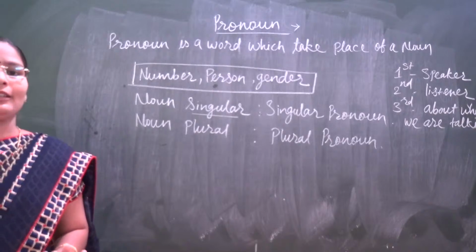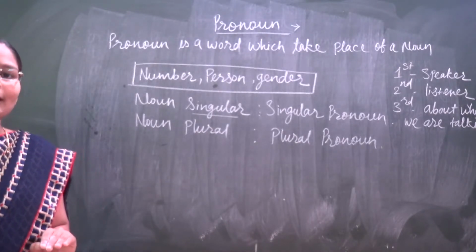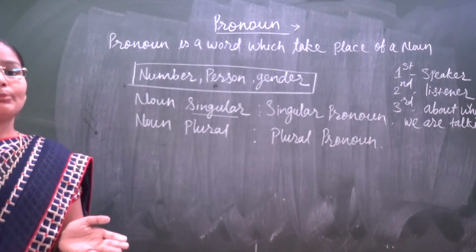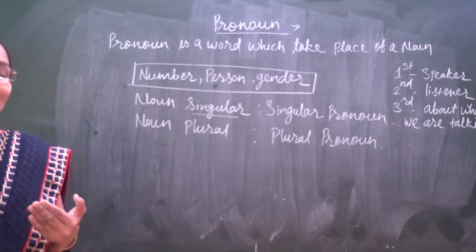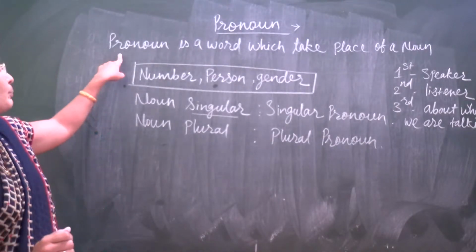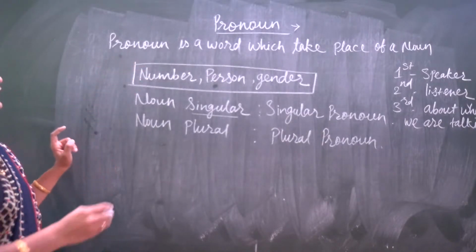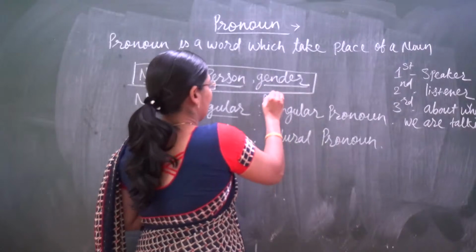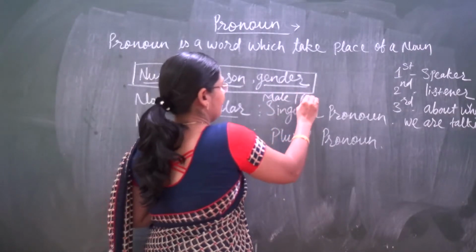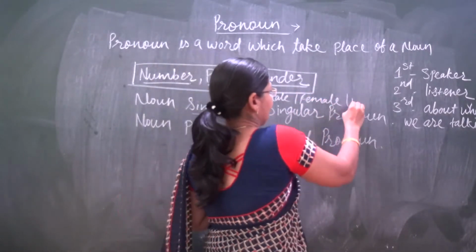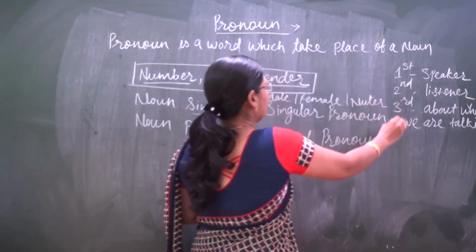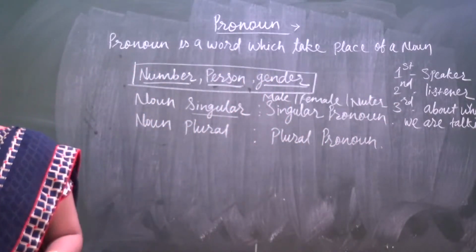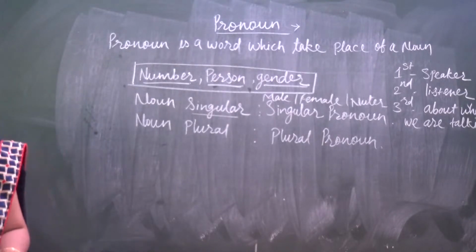First person is the speaker who is speaking. Second person is the listener who is listening to what the speaker is saying. And the third person is the one about whom they both are talking. So your pronoun must agree with the noun in number, in person, and in gender. It is male or female or neuter. These are the genders. For that, I am giving you some pronouns here so that it will be very clear for you.